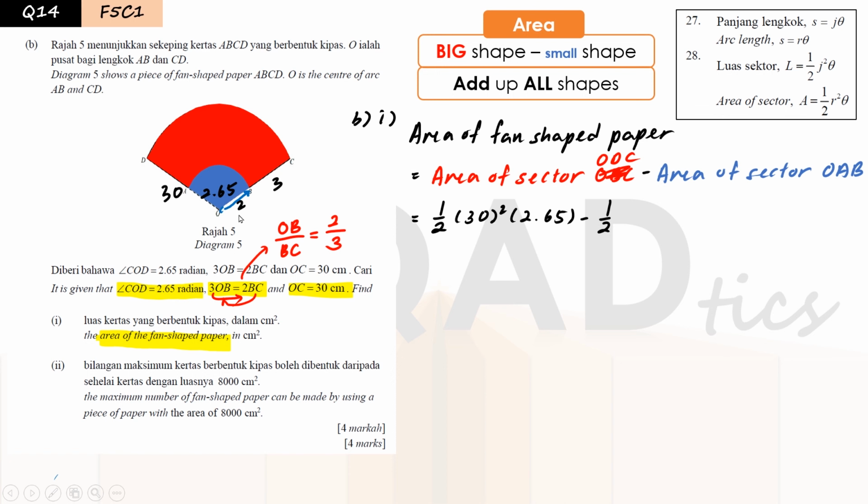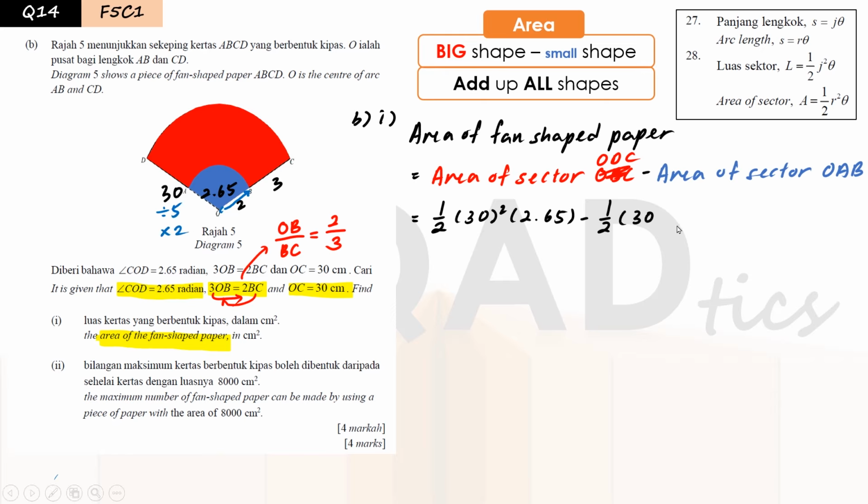The entire line here is OC and it has 5 parts, and we know its length, which is 30 cm, because this is the radius of the sector. If we want to find the length of 2 parts only, very simple, it's just 30 divided by the total parts, which is 5, and multiplied by 2.